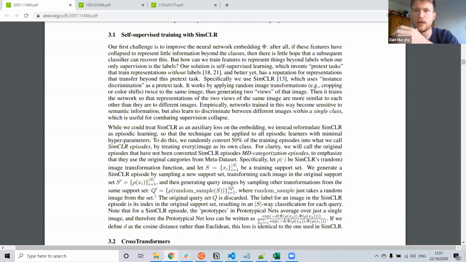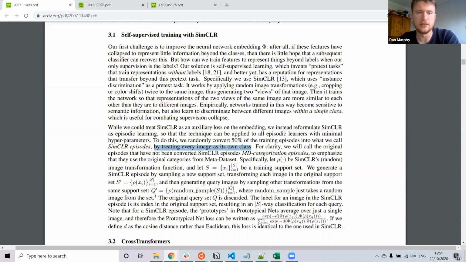So they take 50% of the episodes and convert them into what they call SimCLR episodes. And they make each image its own class and randomly augment it quite a lot of times to create a new episode.